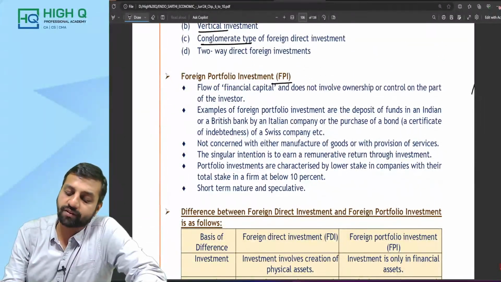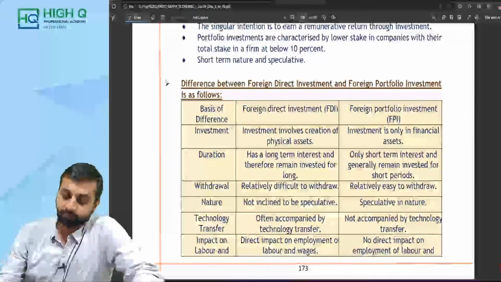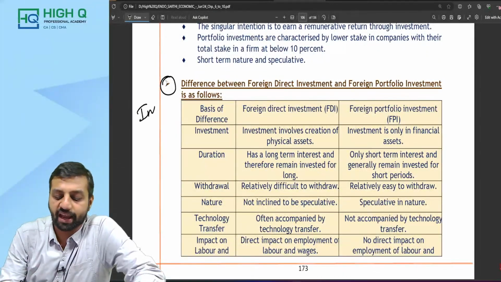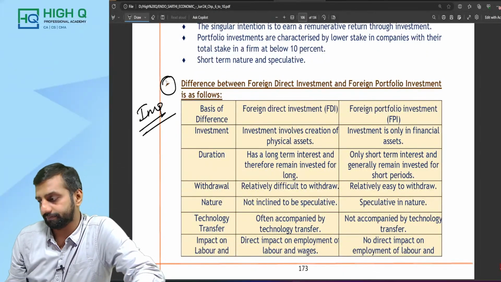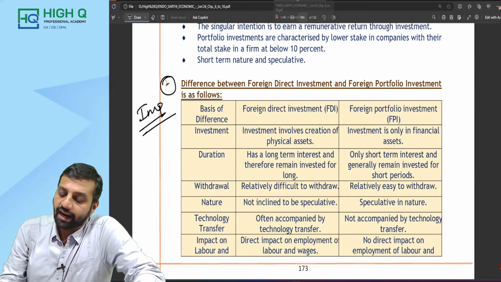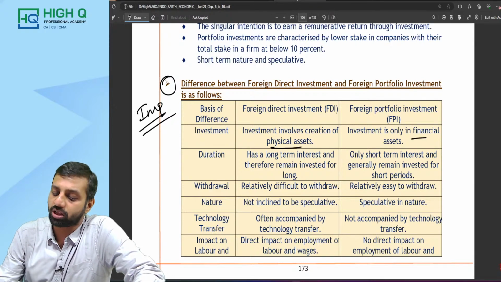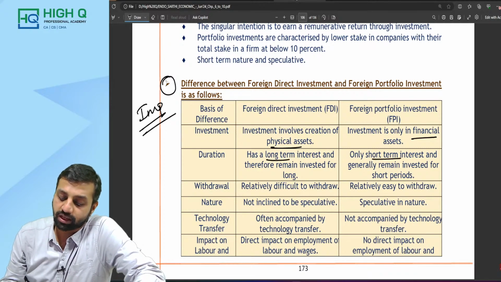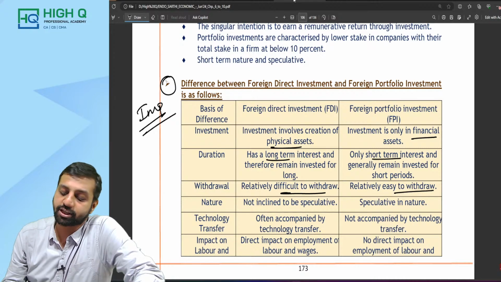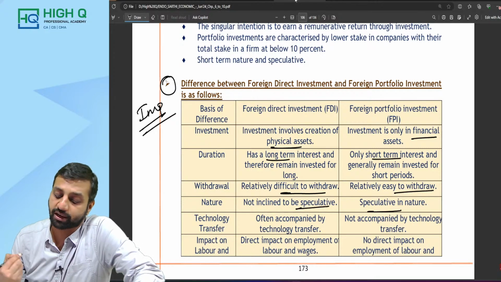Foreign portfolio investment is in financial capital. The difference between FPI and FDI is very important. FDI involves a physical asset, whereas FPI involves a financial asset. FDI is long term, FII is short term. FDI is difficult to withdraw, FII is easy to withdraw. FDI is not speculative, FII is speculative.